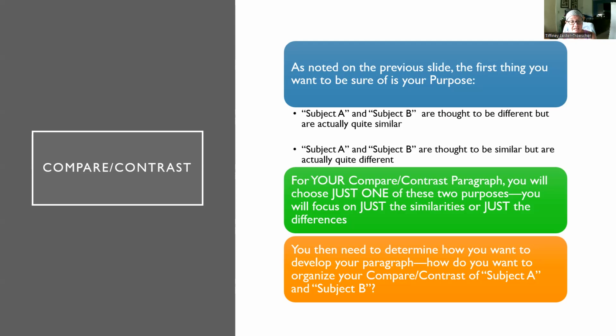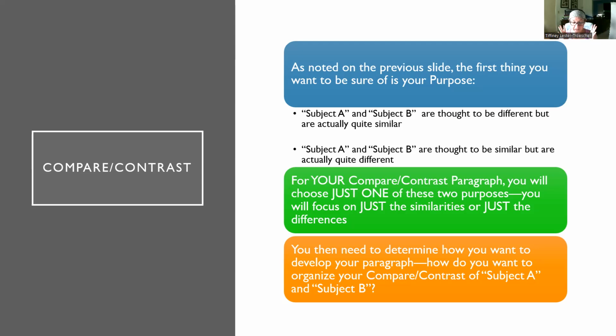So thinking of it like that can help you figure out maybe what two subjects you want to compare or contrast, but then it can help you figure out what your underlying purpose is. Do you want to show how people think they're different, but they're actually quite similar? Or do you want to show how people think they're similar, but they're actually quite different?